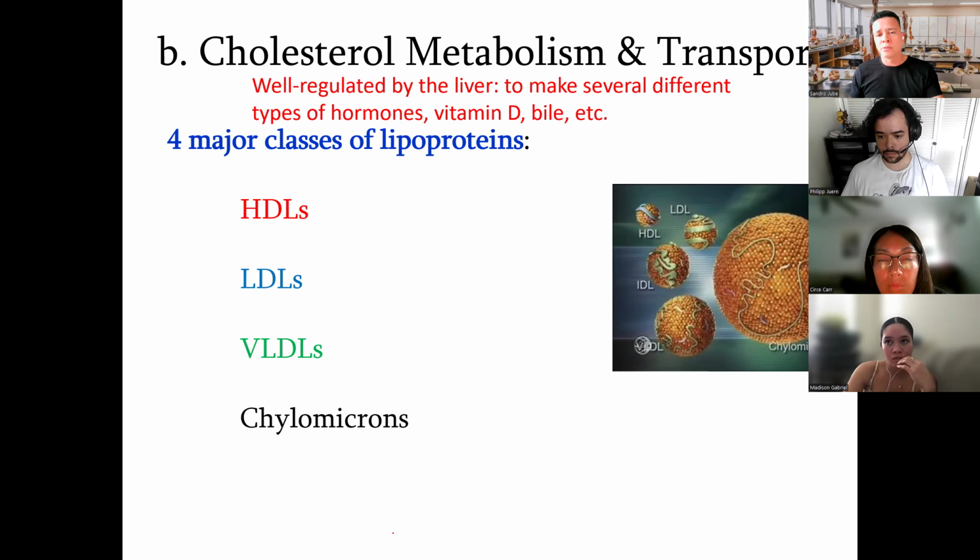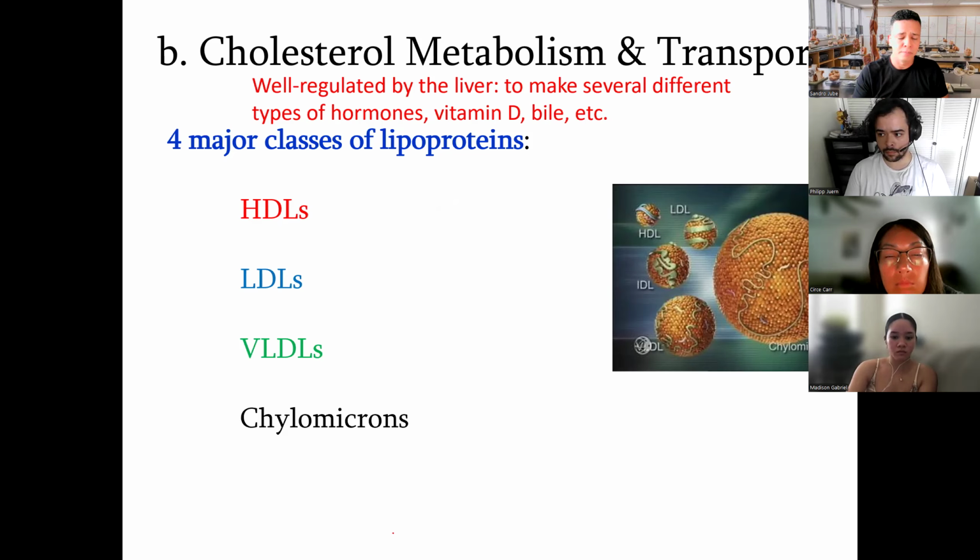And we need cholesterol in our body for several reasons, including to make steroid hormones like testosterone and estrogen. We need cholesterol to make vitamin D, to make bile, and to maintain the flexibility of our cell membrane. So the cell membrane is not rigid and doesn't break apart. It's the cholesterol that allows the fluidity of the plasma membrane.